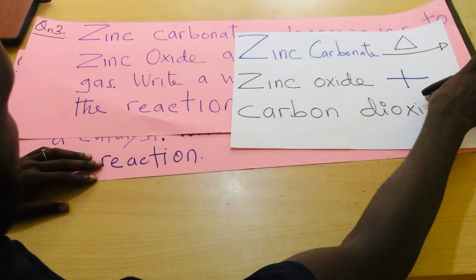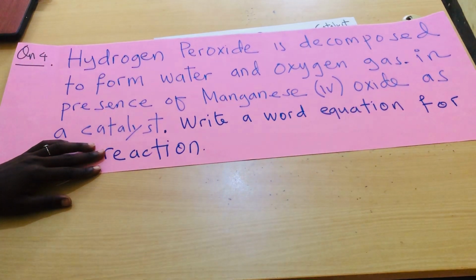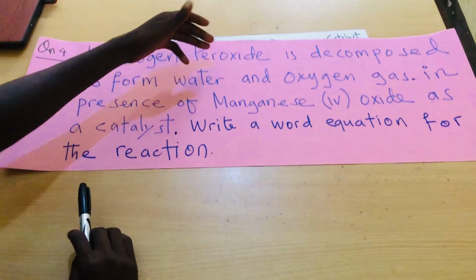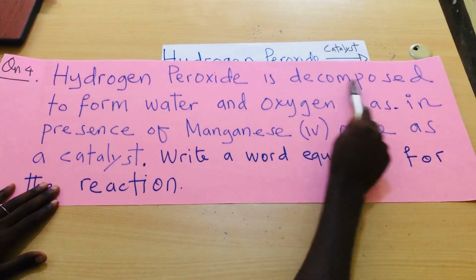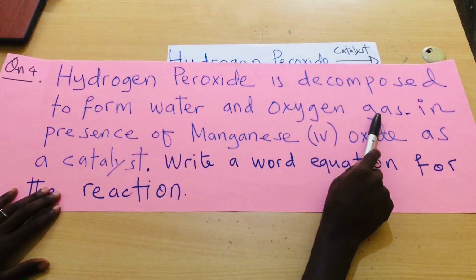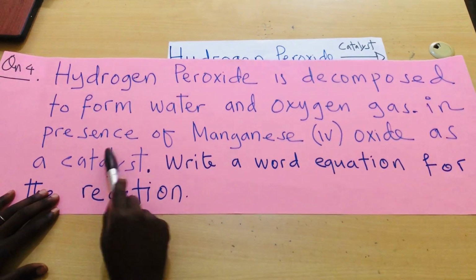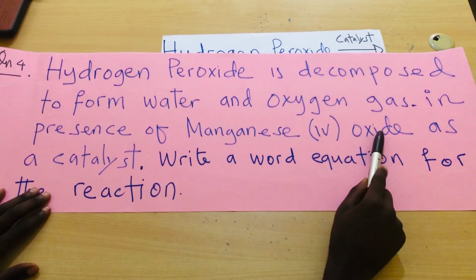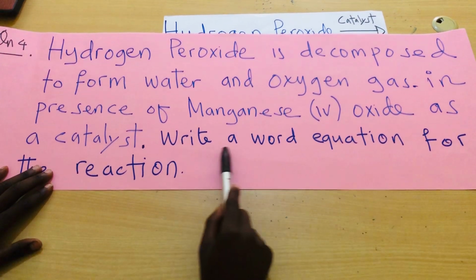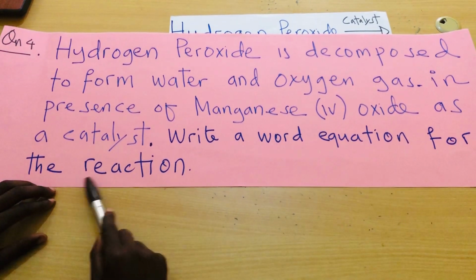And the last example is we have been given hydrogen peroxide is decomposed to form water and oxygen gas in the presence of manganese oxide as a catalyst. Write a word equation for the reaction.